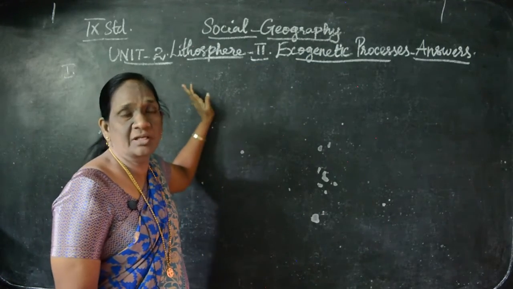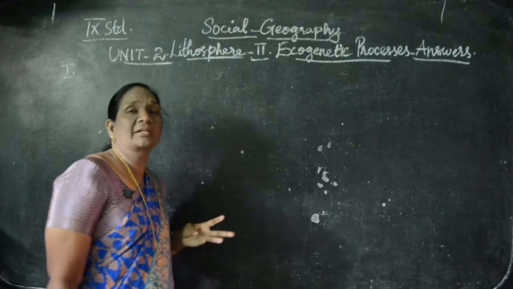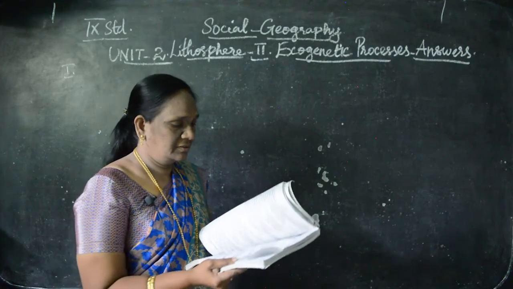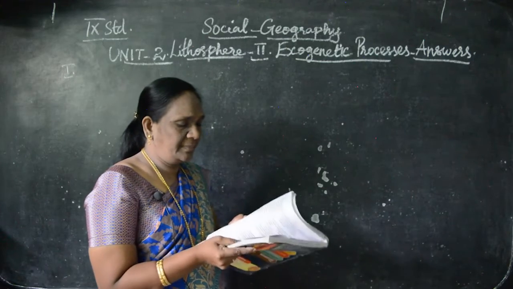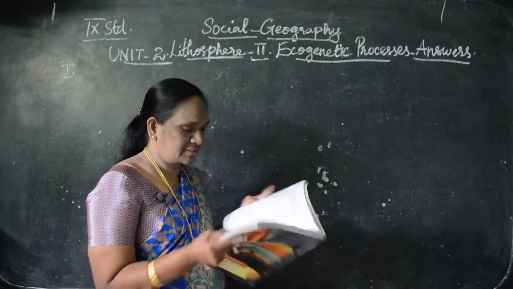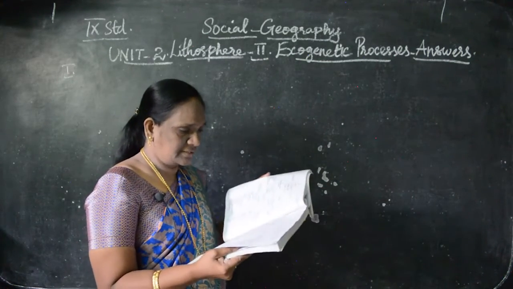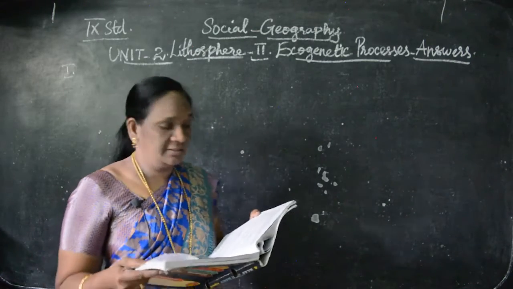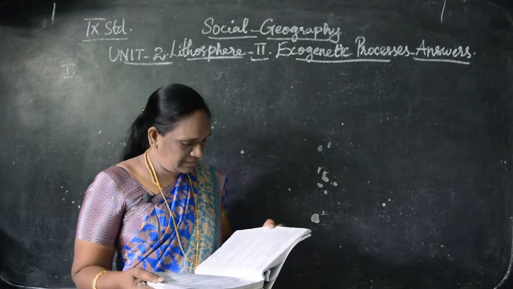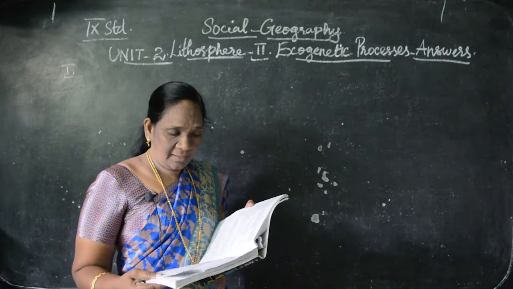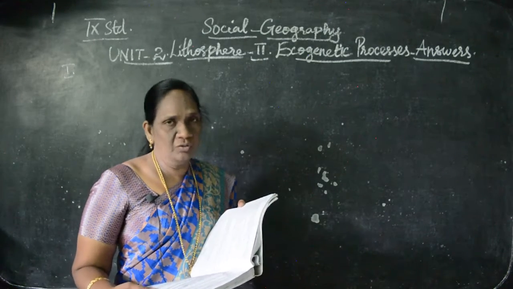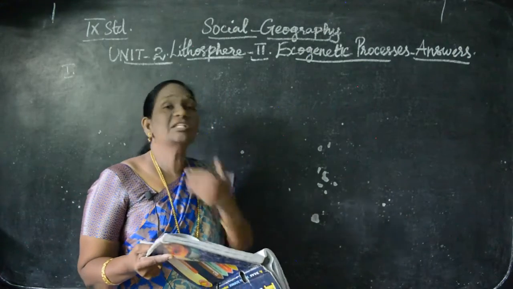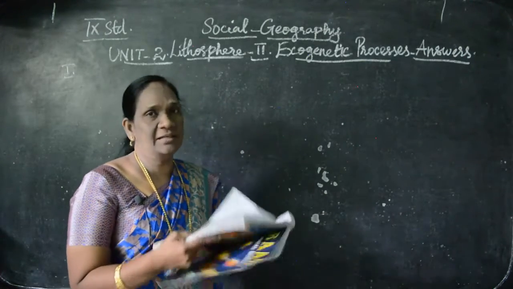Already I gave you the answers for choose the correct answer, match the following, consider the given statement, answer in brief, that is short answers, and give reasons. Today I am going to give you the answers for distinguish between and the detailed answers.